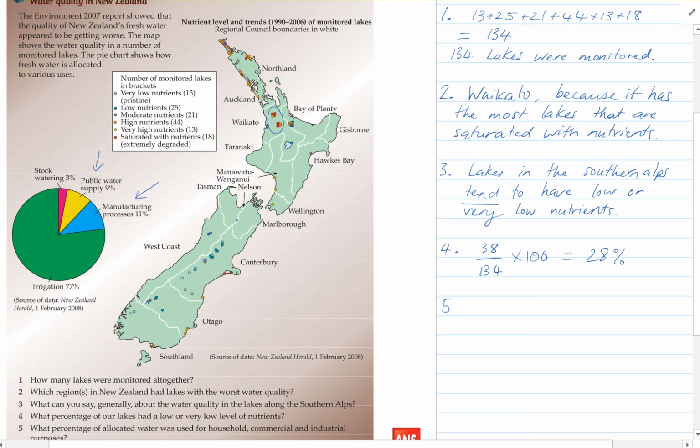So for question 5, 20% is used for household or commercial or industrial use.